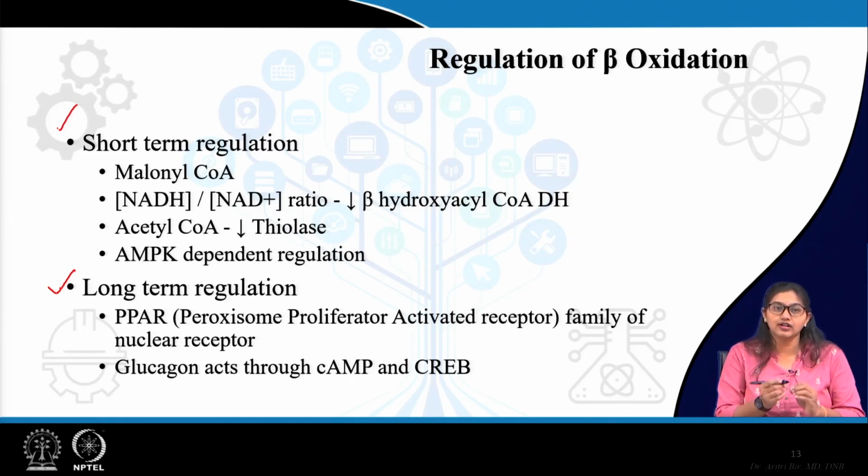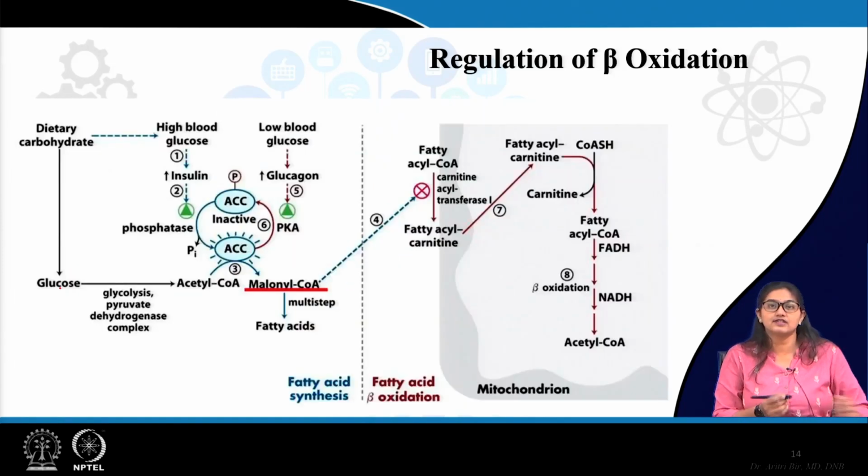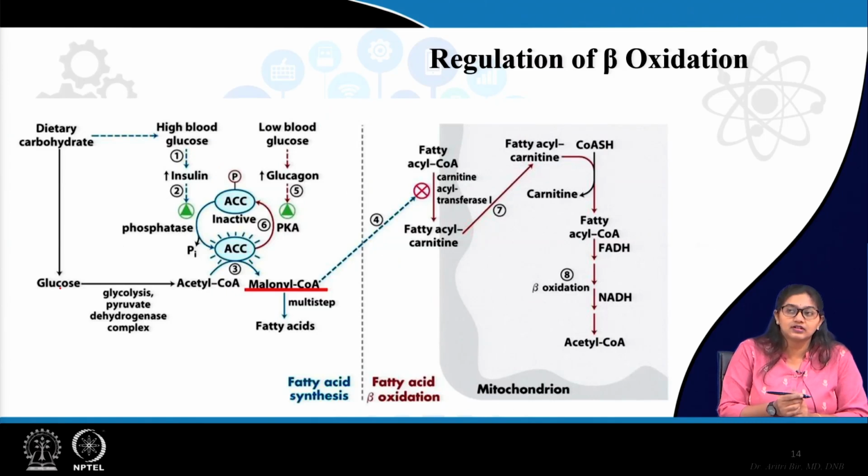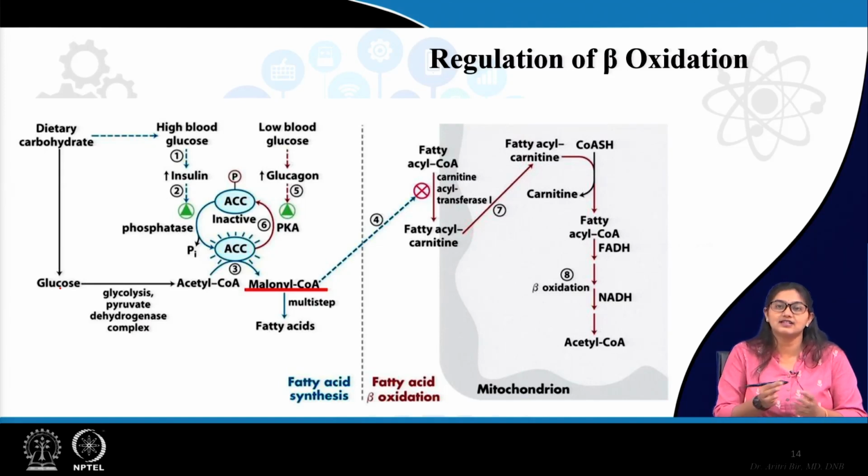Now, in case of short term regulation, what happens in case of beta oxidation? Beta oxidation is important in relation to the provision of energy in body. When there is adequate energy supply, fatty acid breakdown is not needed. It is needed when there is deficiency of energy.